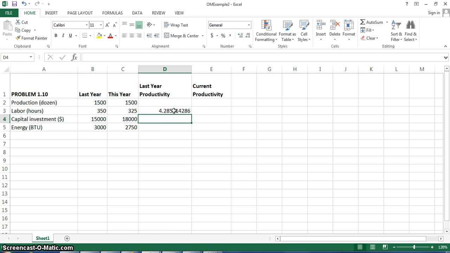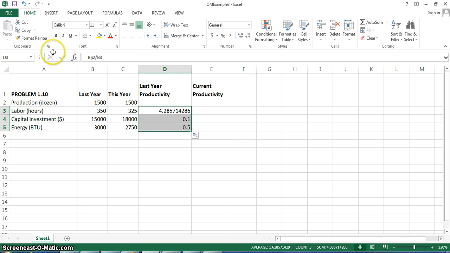So the labor productivity in dozens per hour was 4.29 for last year. Because we have the absolute reference on row 2, we can simply copy this formula down to the other two inputs.